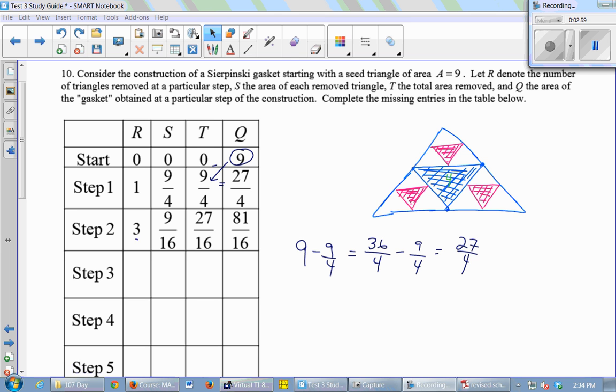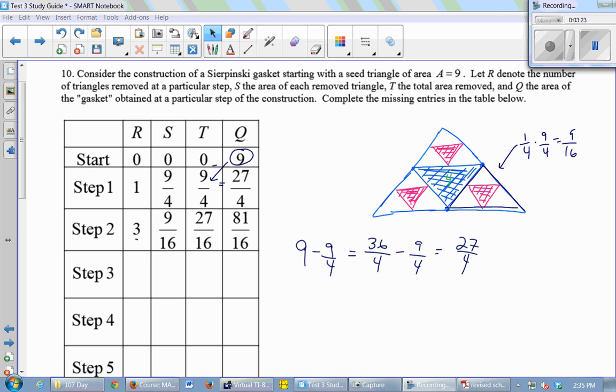So that's where this 3 comes from. And the area of each one, well, each one is 1/4 of this guy, and that guy had area 9/4. So 1/4 of 9/4 is 9/16. And then we multiply the 3 triangles.